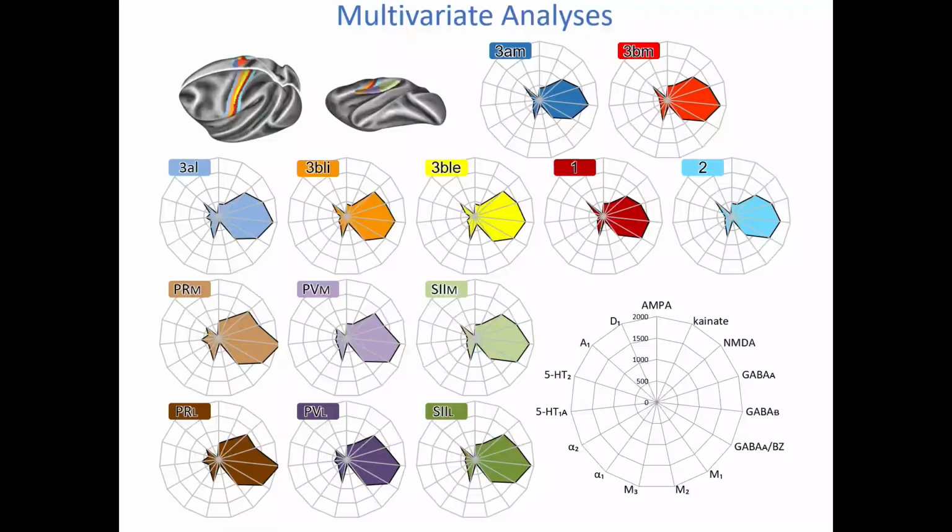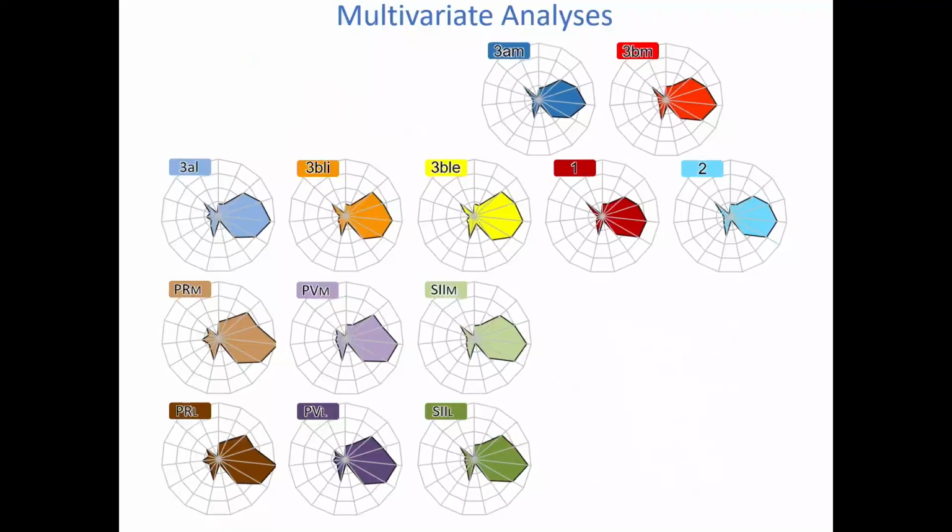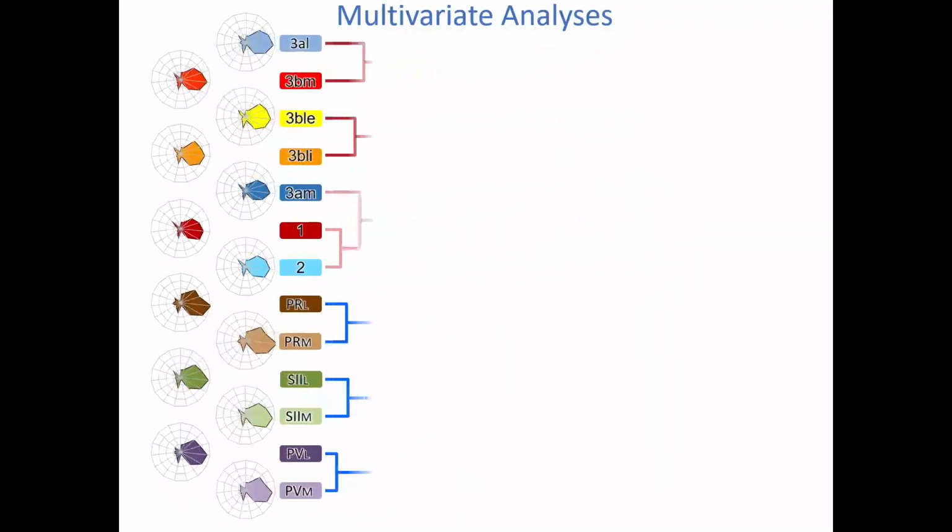So for each identified area, the 15 receptor densities were visualized as receptor fingerprints. That means each area has its own characteristic receptor expression pattern. And the similarities of their receptor fingerprints enable the segregation of these areas into 3 functionally relevant groups.